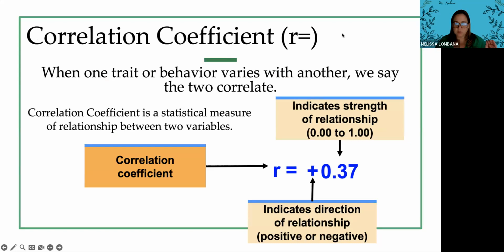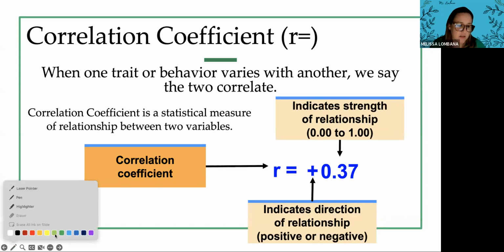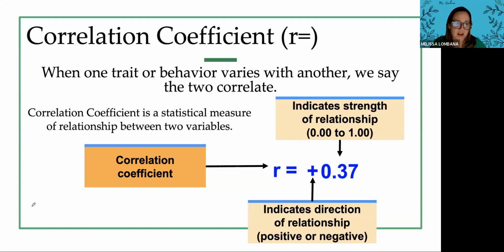So this is your next subtopic, and this is one of the most important when it comes to correlational studies. For correlational coefficient, it's R equals, and then they'll give you a number. The best way to define or look at this is drawing a number line.